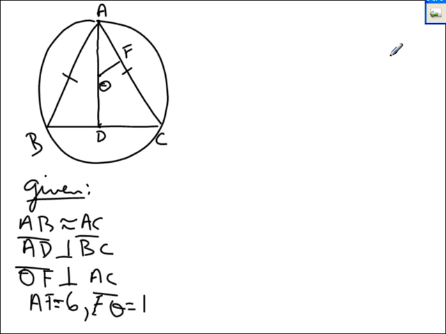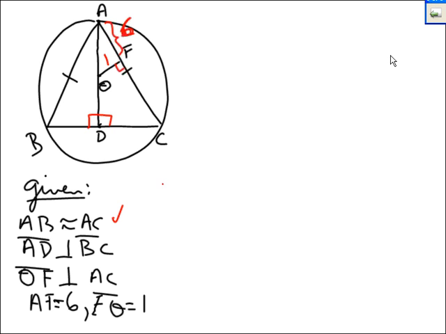So you were given that AF is 6, and FO is 1. And you were given AB and AC are congruent, and AD meets BC at right angles because they're perpendicular, and you are given another perpendicular here.